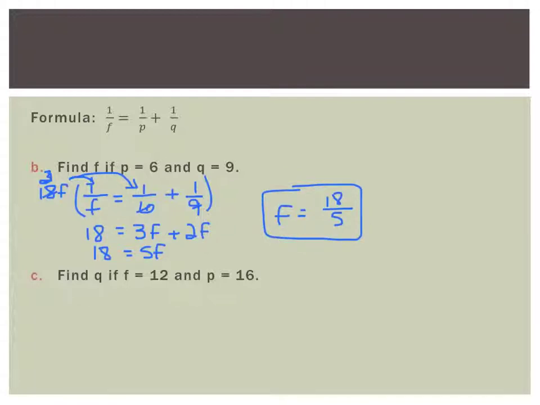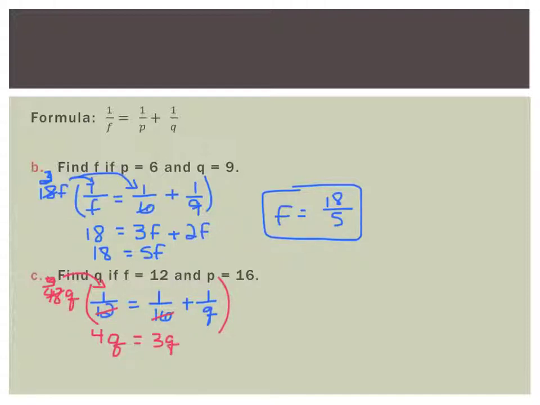And then C, find q if f is 12 and p is 16. That's going to give me 1 over 12 equals 1 over 16 plus 1 over q. And this time I'm looking for q. The common denominator for 12 and 16 is going to be 48, so that's 48q. 12 goes into 48 4 times, so 4q times 1 is 4q. 16 goes into 48 3 times, so 3q times 1 is 3q.